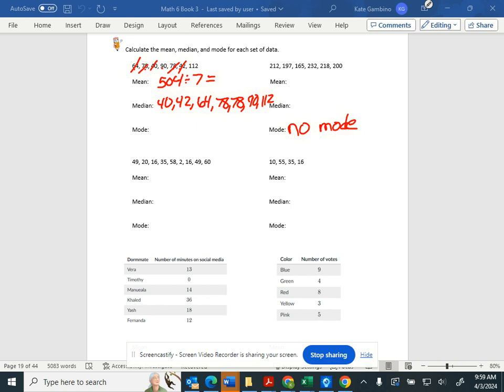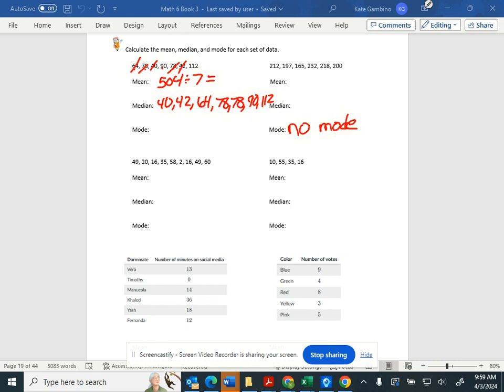So can we have multiple modes? So you might have 2 modes listed, and that's okay. For the median, if we have 2 numbers in the middle, you add them together and divide them.